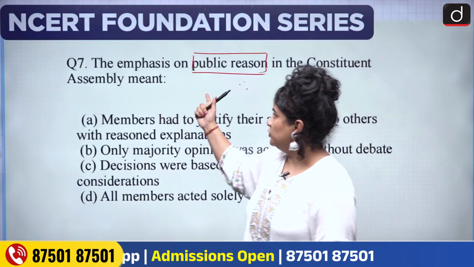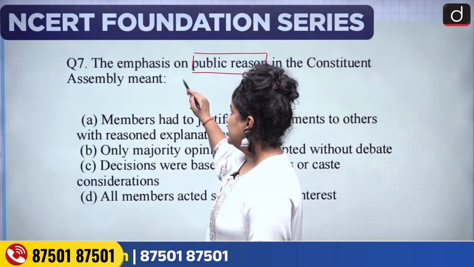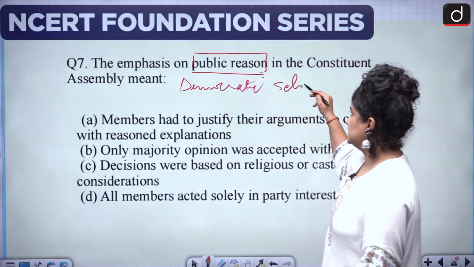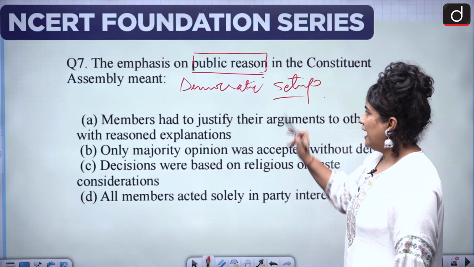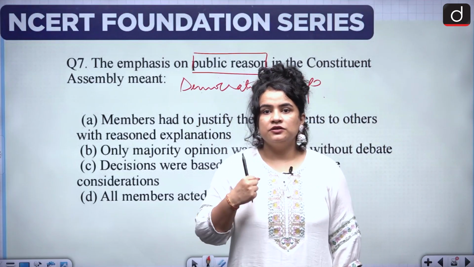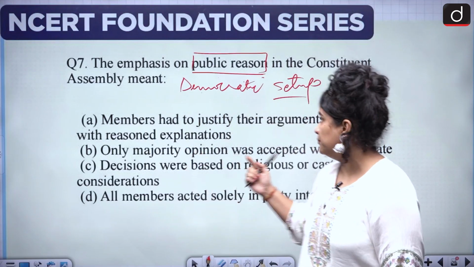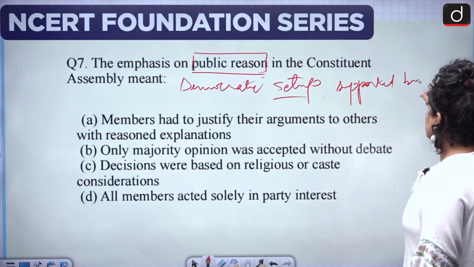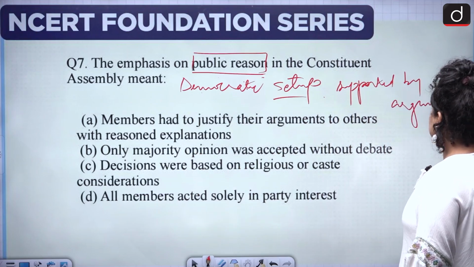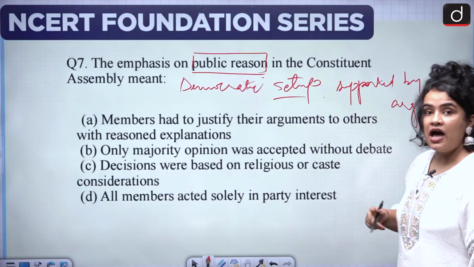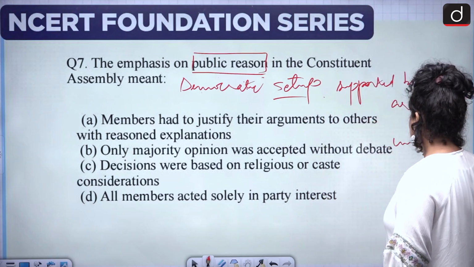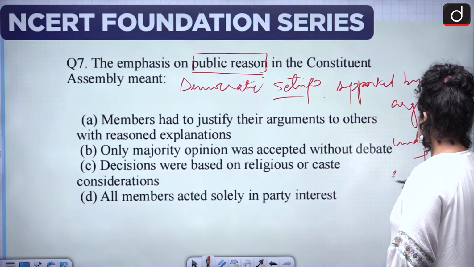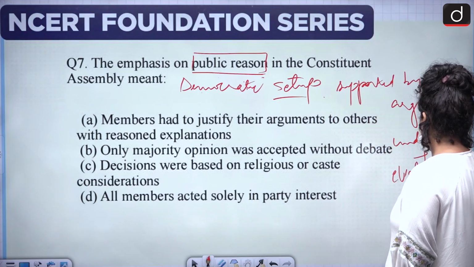So here, what it means is that in a democratic setup, every decision that is taken should be justified or supported by reason or arguments in such a way that they are understood as well as can be evaluated by everyone else, by the others.